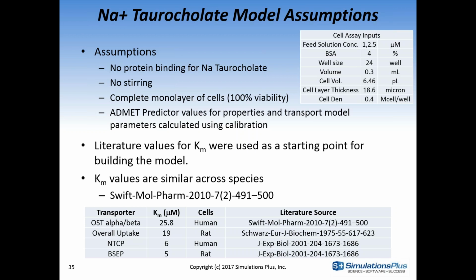We didn't have data across a large range in concentration, so we couldn't calculate KM from the data, but we were able to find literature sources for experimental KMs in various species. These papers also indicated that the KM values are similar across species, so we were able to use a mixture of rat and human KM values for this study. These cells are human hepatocytes, by the way.